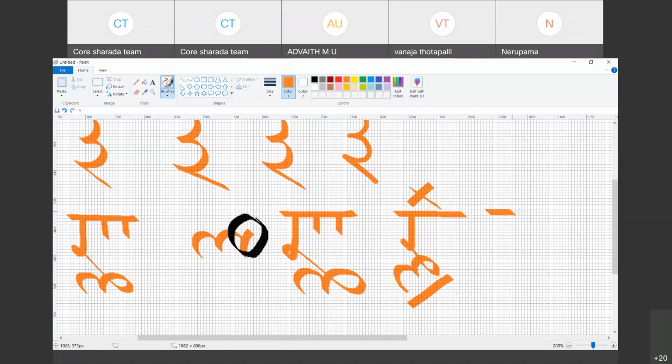So I'm going to draw it again and show how you are supposed to draw it. After this loop, make it longer, long enough. You should have enough space at the end to draw these two loops. Then you have these two here.